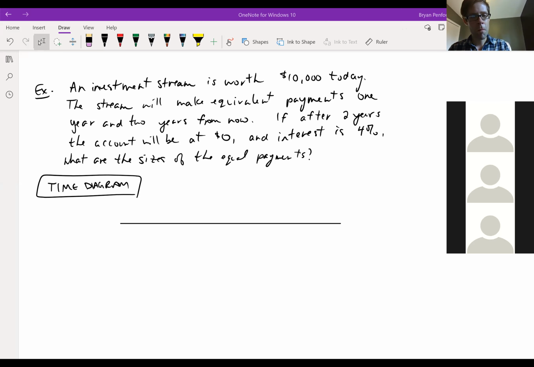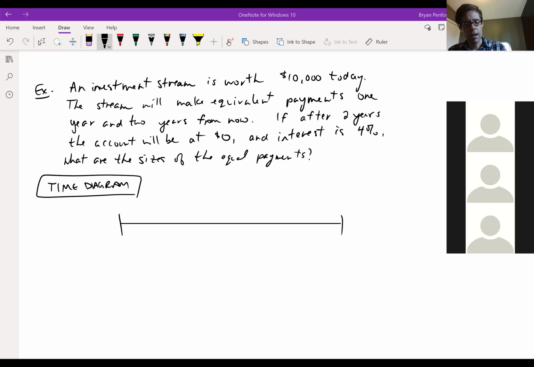Okay, so let's just refresh our memory on this particular question. We have an investment stream worth $10,000 today. So we are given the fair market value of this money in today's dollars. We are going to make equivalent payments, one in a year and one in 2 years from now. Okay, so we have 2 equivalent payments. And after 2 years, the account is going to be fully withdrawn and be at $0.